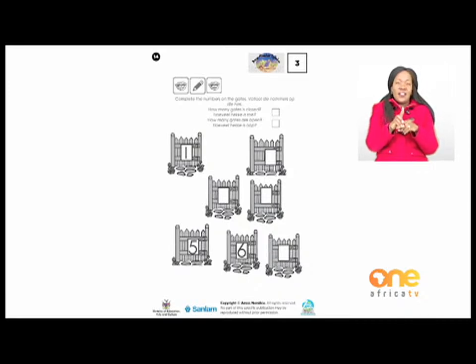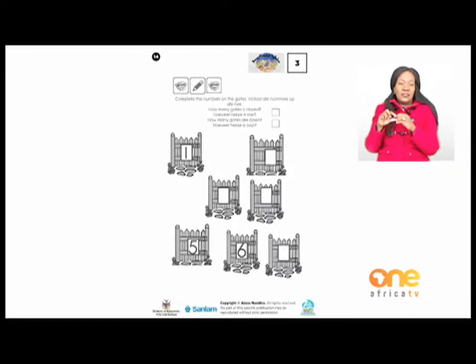It's right in the second row on the left-hand side in your booklet. Write the missing number. After the third gate, what number do you have to write? On the right-hand side in the second row.